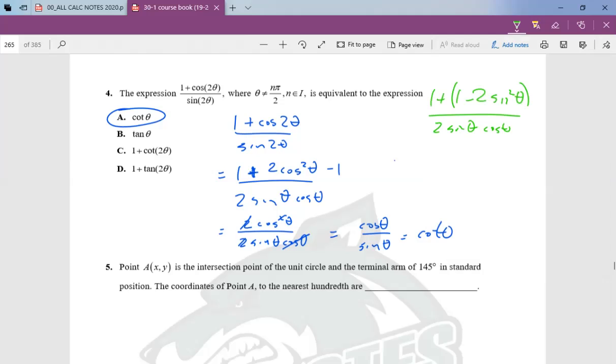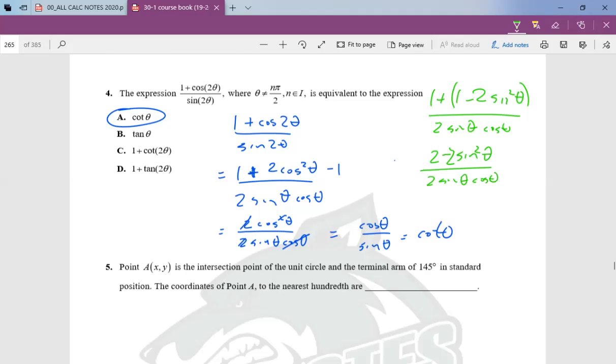What do we have in the numerator? We have 2. We are going to add those ones together. So it's going to be 2 minus 2 sine squared theta, all over 2 sine theta cos theta.